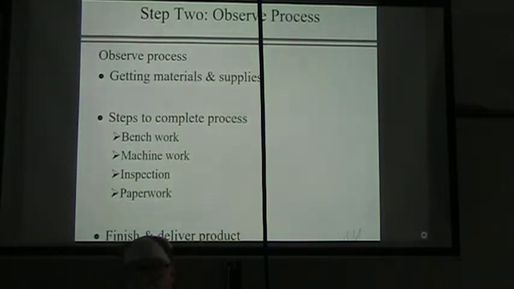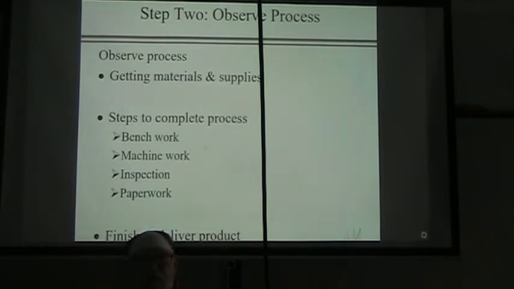All right, so we've talked to the operator about the process. Now we're observing the process, and we're going to video the process happening. So all the way from getting materials and supplies through all of the steps to complete the process.